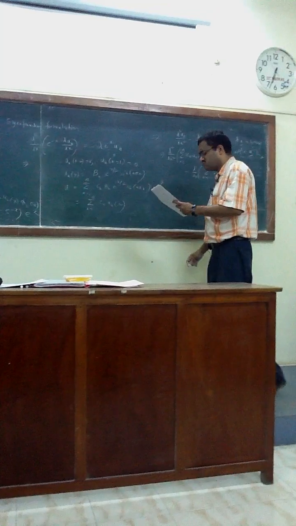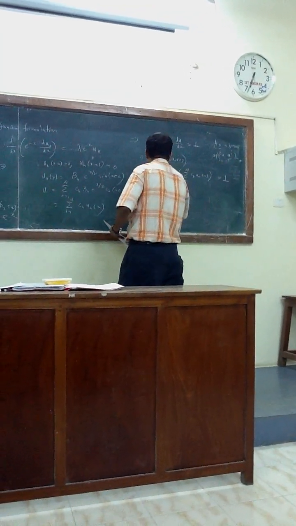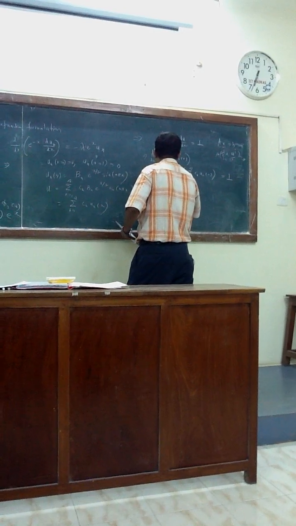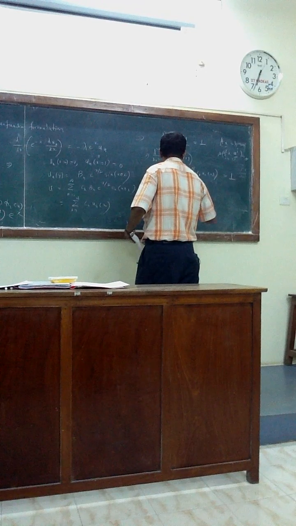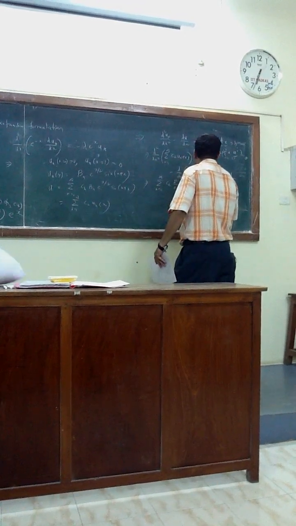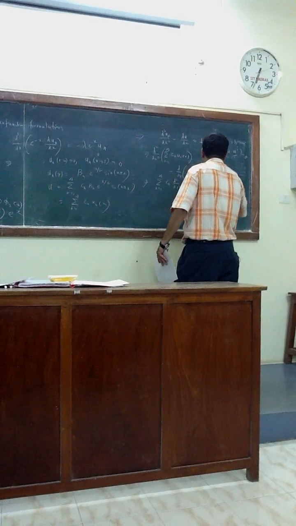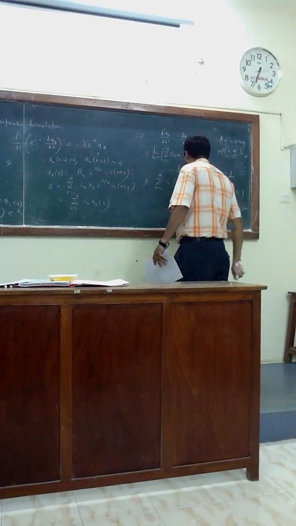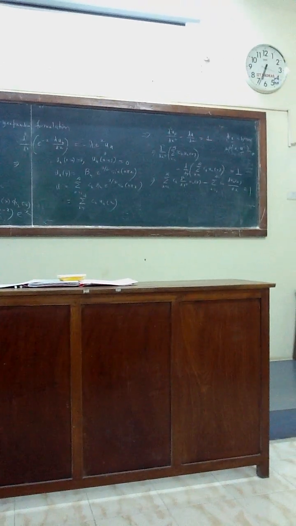Next, summation n equals 1 to infinity C_n d2u_n by dx square minus summation n equals 1 to infinity C_n du_n by dx equals 1. Now what actually happens?